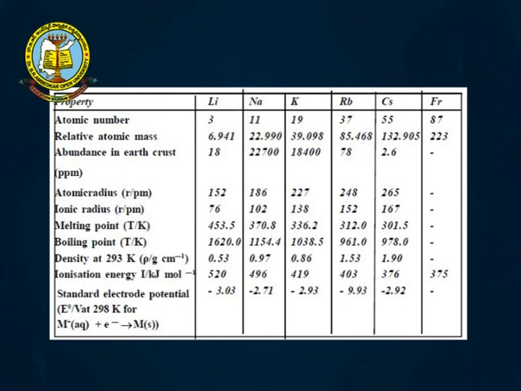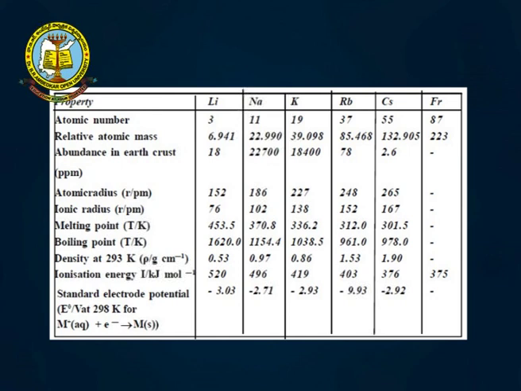Next, the periodic property: you can see the atomic radius. Atomic radius means the distance from the nucleus to the outermost shell. If you see the atomic radius of the various elements in group 1, you can observe that it increases from top to bottom.